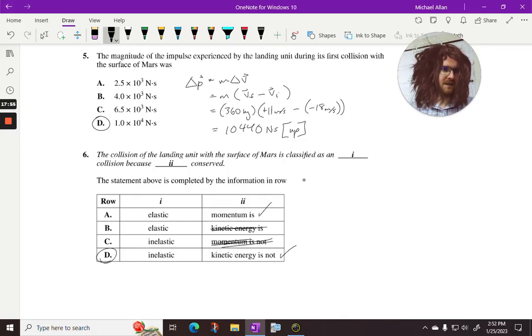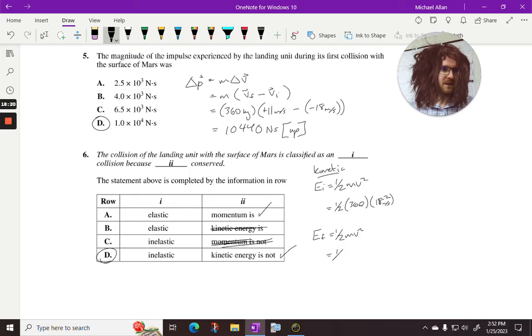And because the kinetic energy is not conserved, it's definitely an inelastic collision, right? So if I were to do initial energy and the final energy, you always have to worry about kinetic. 1/2 mv squared, 1/2 mv squared. You do the two calculations here, 1/2, 360. I'm not even going to bother typing them in, but we got 18 for the initial squared.